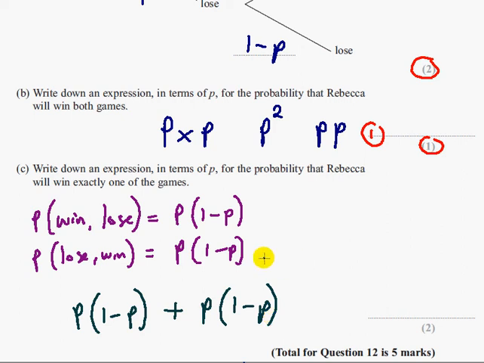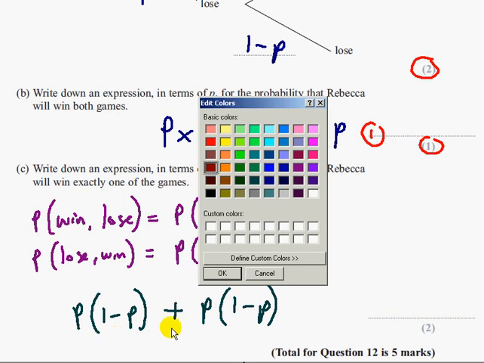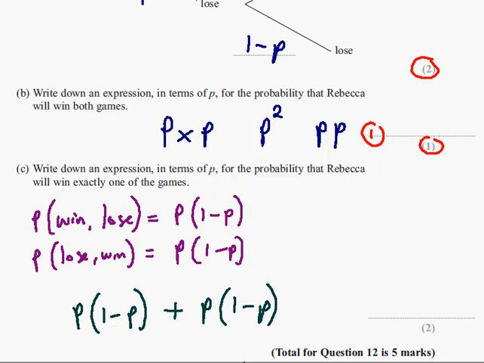Now of course you can multiply these brackets out and then cancel it down, but you don't need to. All it says to get the marks is write down an expression in terms of P for the probability that Rebecca will win exactly one of the games, and we've done that. So this is a 2-mark question for part C, and let's have a look exactly how you get those marks.